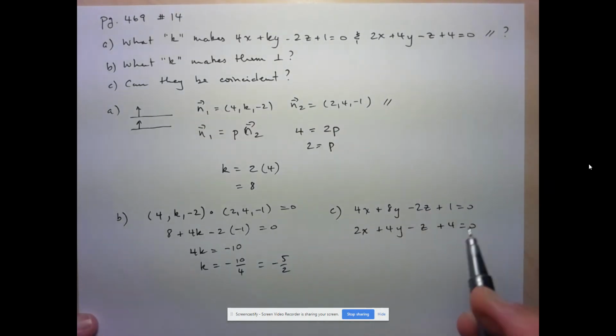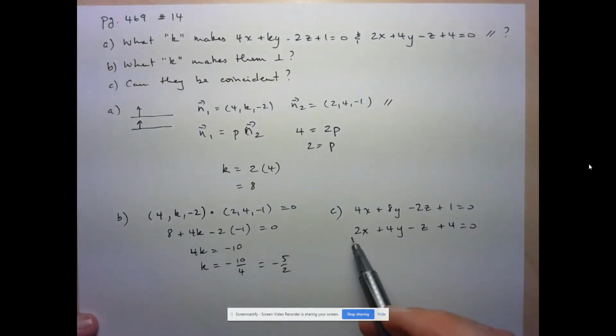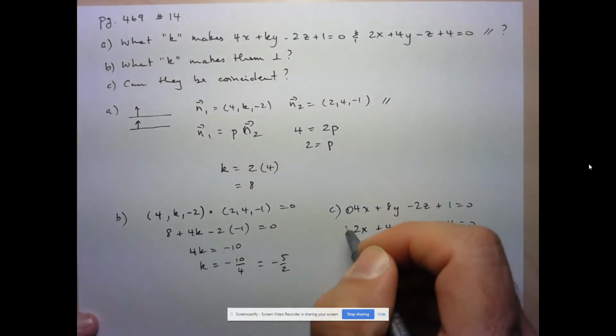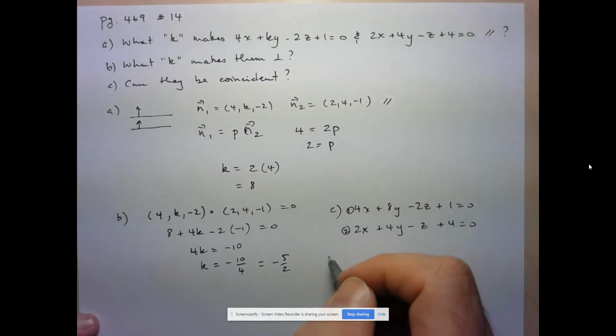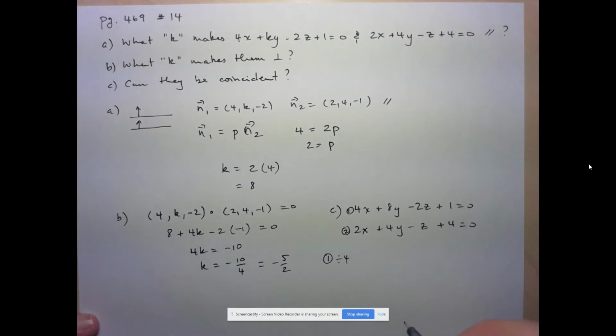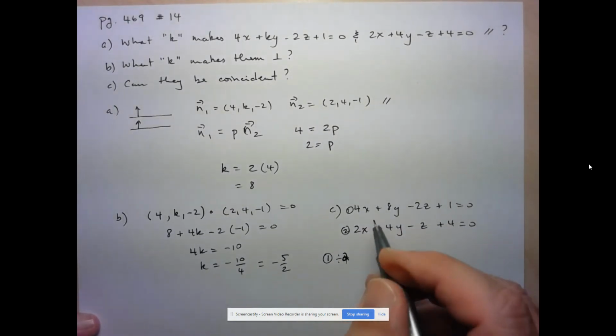In order for these to be the same plane, they would have to reduce to the same basic equation. If I call these 1 and 2, and take equation 1 and divide both sides by, sorry, not by 4, by 2, sorry about that. What happens?